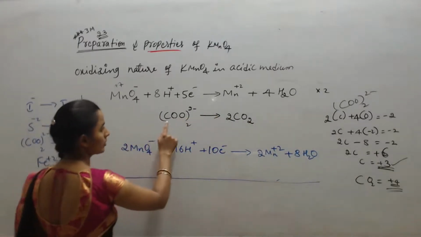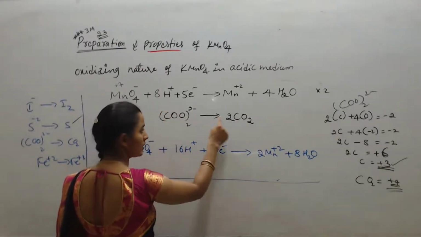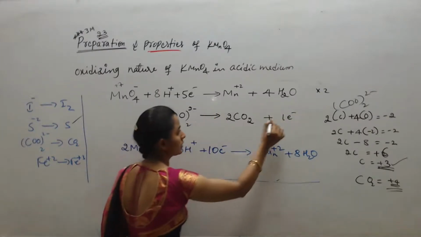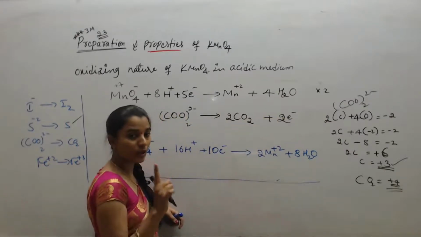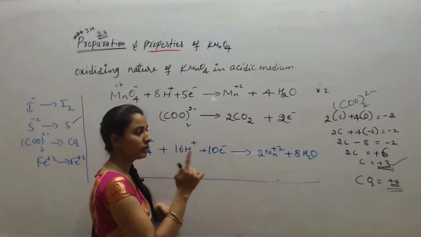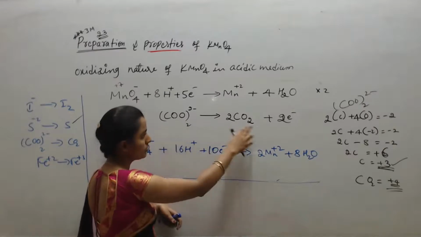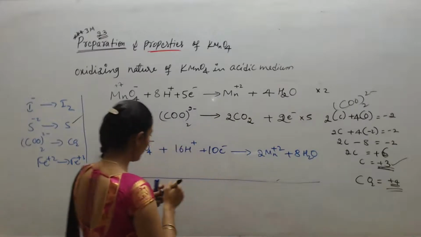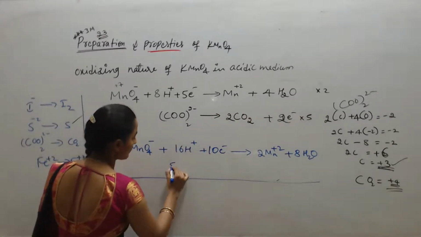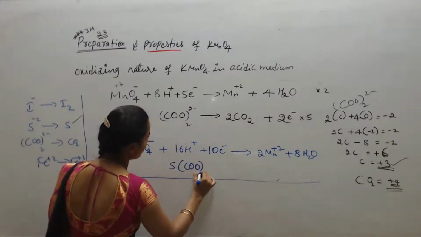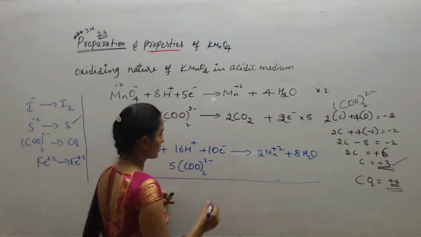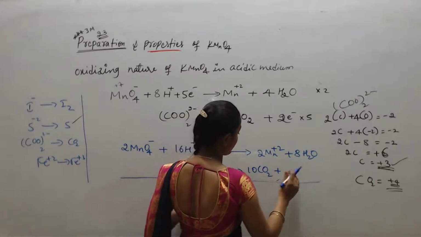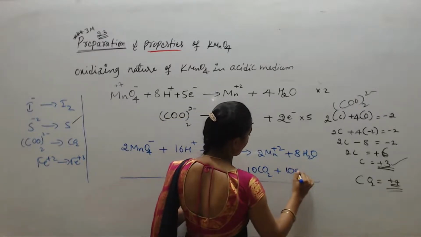So here the electron change from plus 3 to plus 4 means 1 electron. But here 2 carbons are there, so 2 electrons. From 1 carbon, 1 electron; from 2 carbons, 2 electrons. So again we have to multiply this with 5. We will get, students, here 5 (COO)2 2- gives rise to 10 CO2 plus 10 electrons.